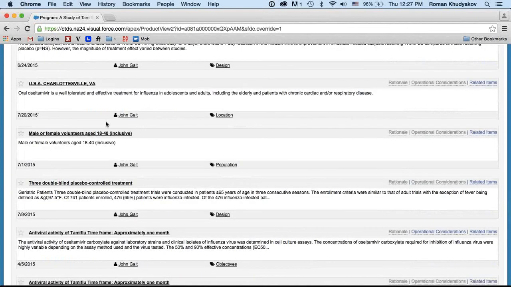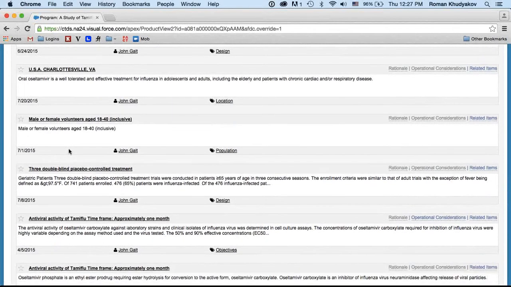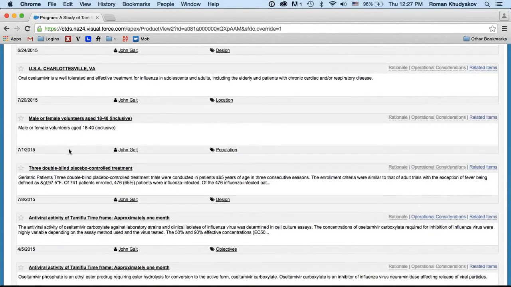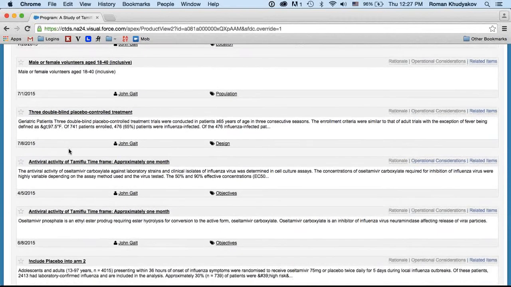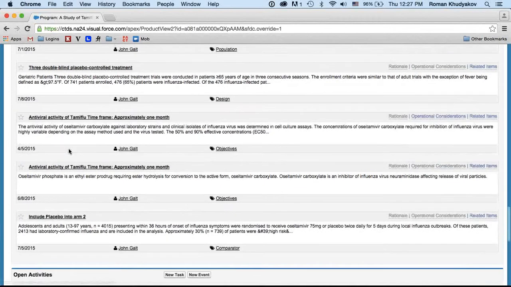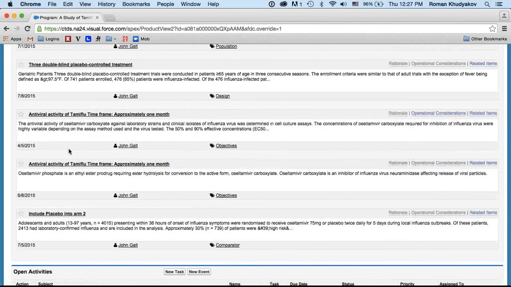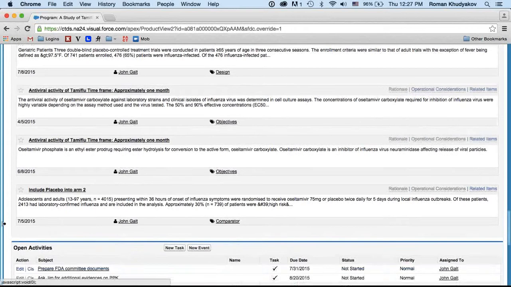For the population category, this is our desired population, male or female volunteers 18 to 40 for this particular clinical trial program or study, and so on. So you can have lots of different decisions in different categories, and you can play around, sort them, and build different study protocols for your particular phases.